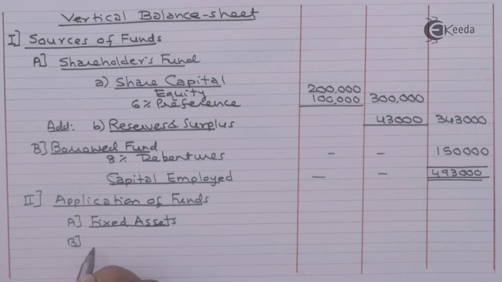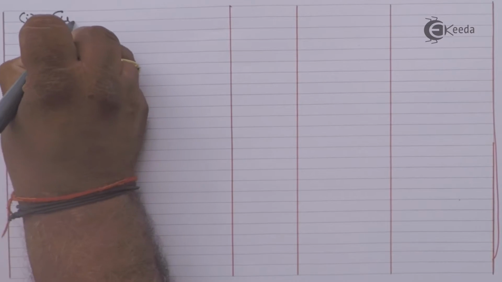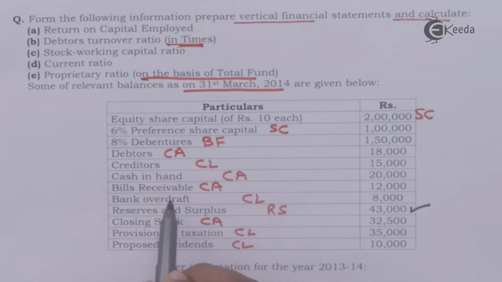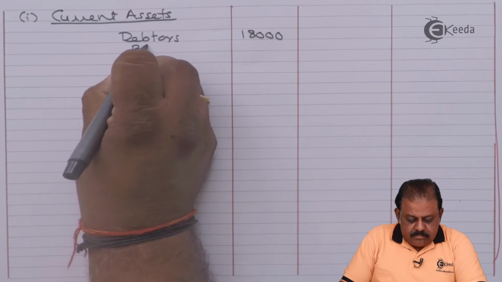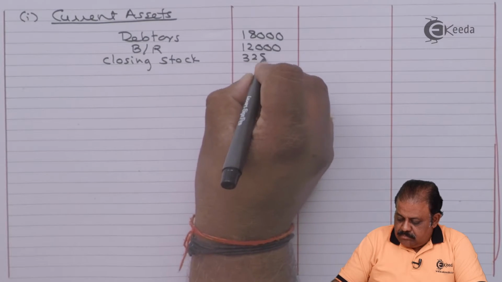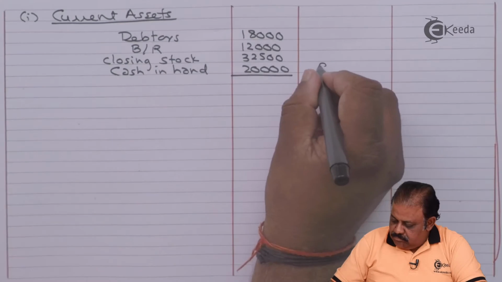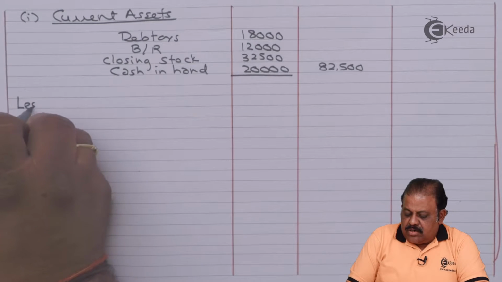Let us consider working capital. In current assets, we have debtors, cash in hand, bills receivable, closing stock. Total current assets 82,500.